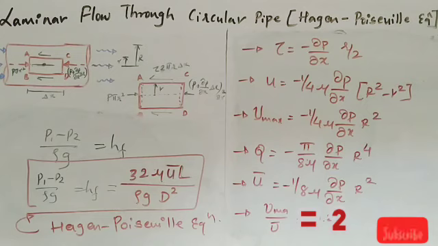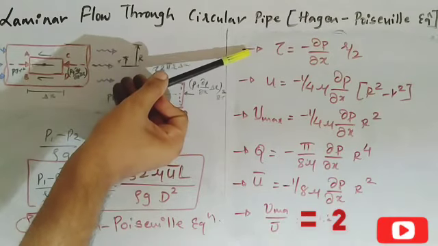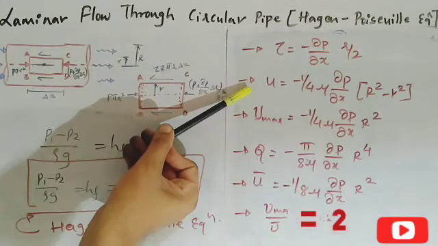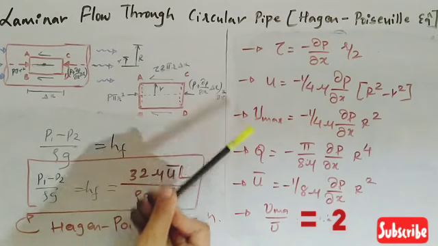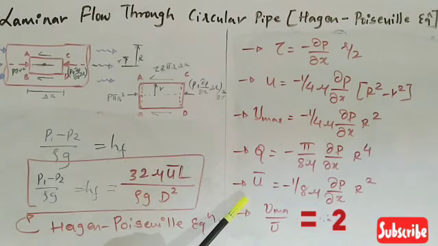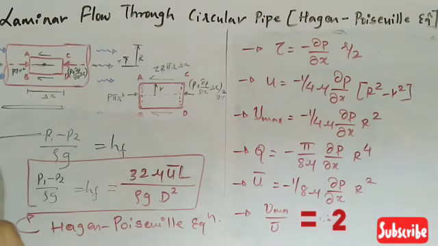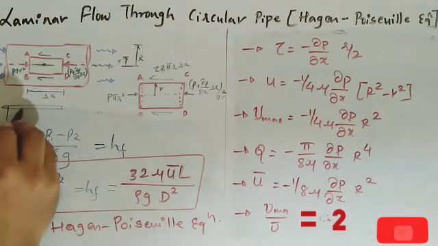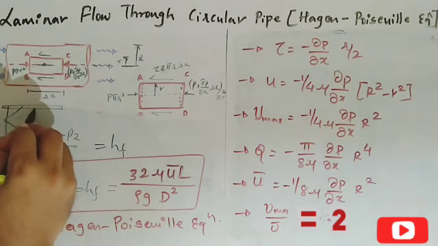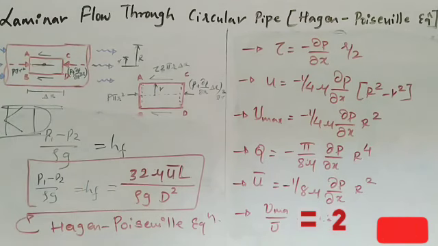This is the shear stress equation, then the velocity equation, the maximum velocity, then discharge, average velocity, then the u max by u bar ratio, then the Hagen-Poiseuille equation. And the velocity distribution, as I already showed, will be like this. This is the shear stress and this is the velocity distribution.